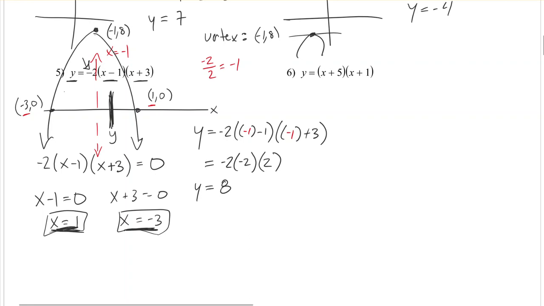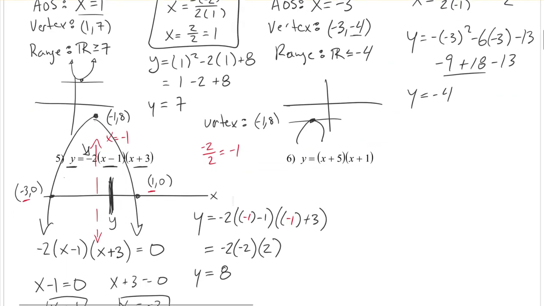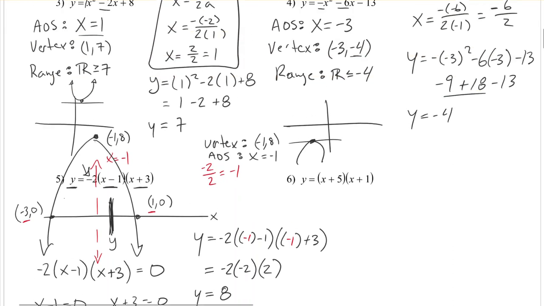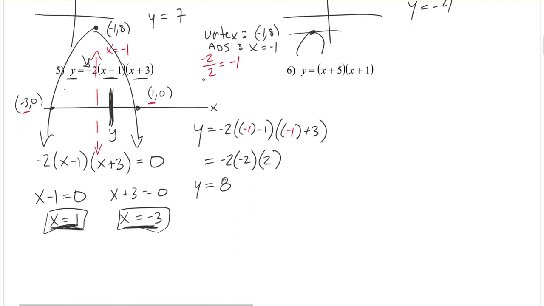We wanted our axis of symmetry, which was AOS, x equals negative 1, and the range is all of our y values, or all real numbers, that are less than or equal to 8, because we've got to be below that y value up there.